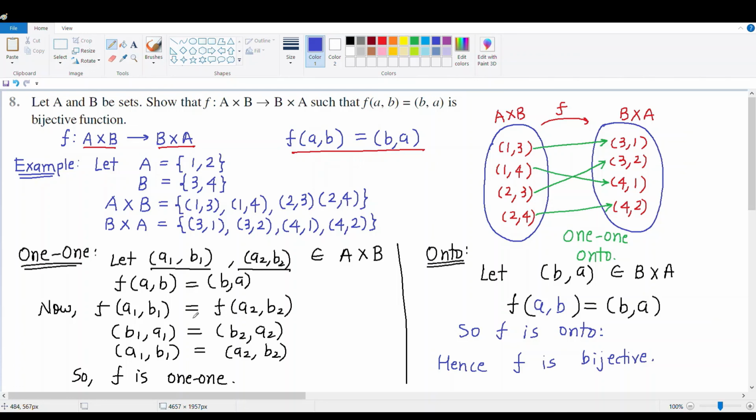If that happens only when those two inputs are exactly the same, then the function is 1-1. In onto, we take one element from the codomain and think of the pre-image of that. If that pre-image exists for that element, that means for every element in the codomain there must be a pre-image in the domain, and then the function is onto. And if it is both 1-1 and onto, then the function is bijective.